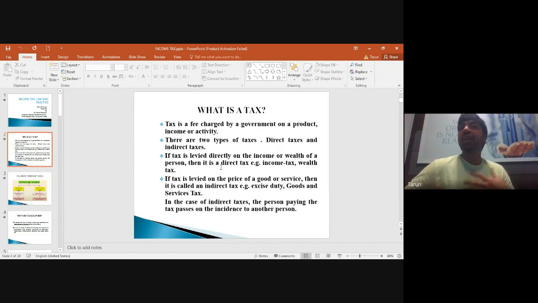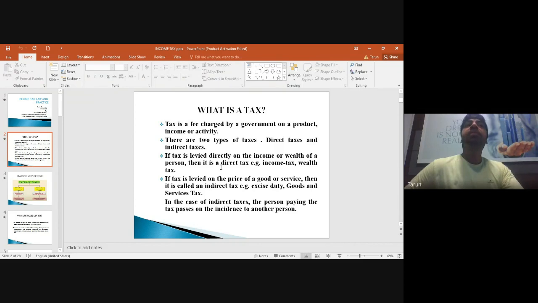There are various types of indirect tax, such as excise duty, customs duty, and GST, that is goods and services tax. In case of indirect taxes, a person is shifting the burden of the tax to another person, right?